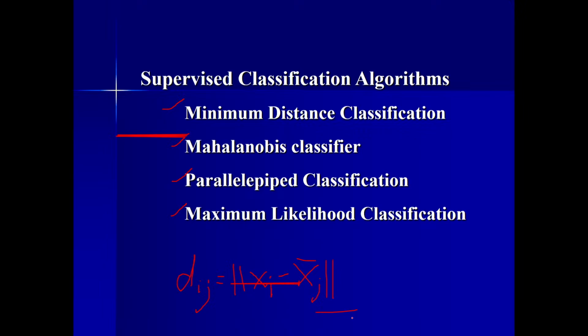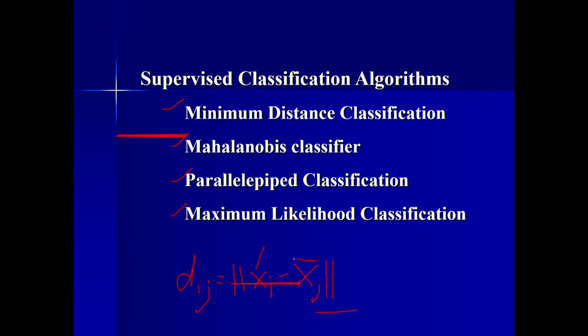Now in the supervised case, this is an unknown pixel xi. It is starting with the first pixel in the image, going to all the pixels of the image, and xj bar is the mean of a particular class. It can be for water body, it can be for agriculture, because we know we have the ground truth. So we can say x bar 1 belongs to class water, x bar 2 belongs to class agriculture, like that. So label is there.